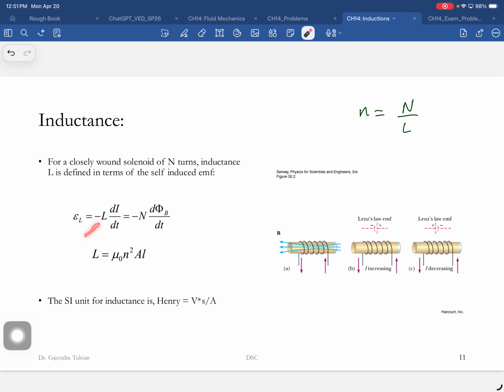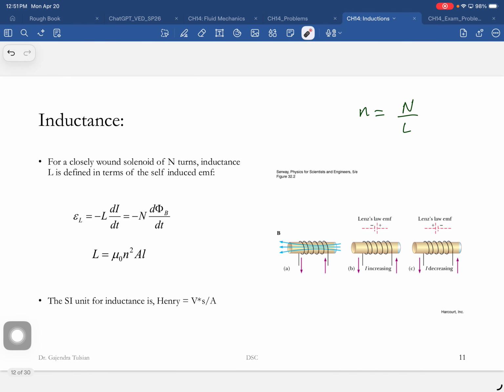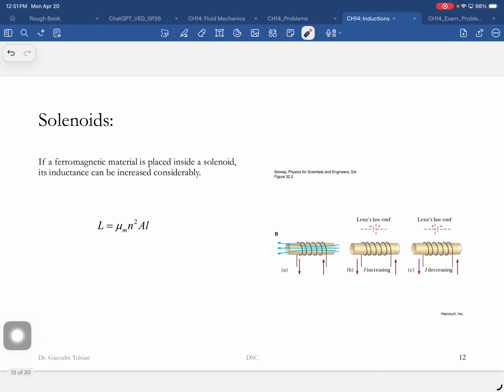Oftentimes you want to increase the self-inductance, and the way to do that is to stuff the coil with magnetic materials. If a ferromagnetic material is placed inside the solenoid, its inductance can be increased considerably. So mu naught gets replaced by mu m, and you can increase it by a factor of 100 or so easily.